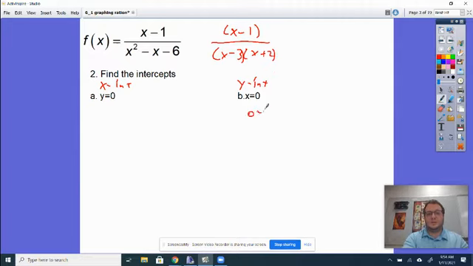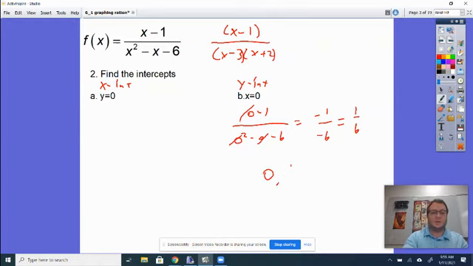So I'm going to say 0 minus 1. And it's easier to do on the original function here. That's not always true, but in this case, it definitely is. 0 squared, 0 minus 6. All these zeros just kind of go away. I'm going to be left with negative 1 over negative 6, or 1 over 6. So my y-intercept here is going to be 0, 1 over 6.